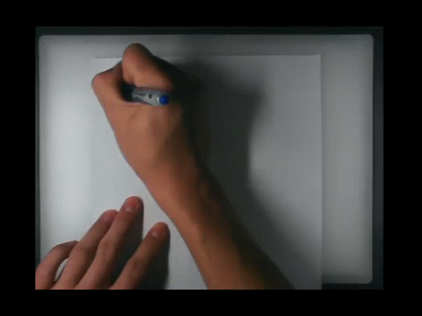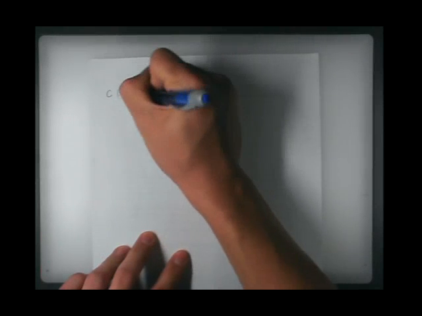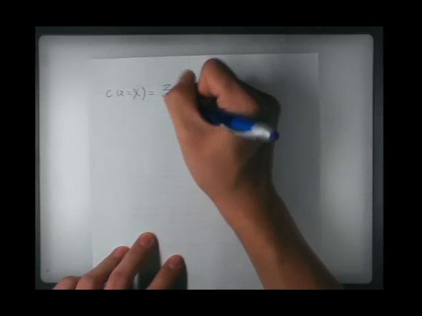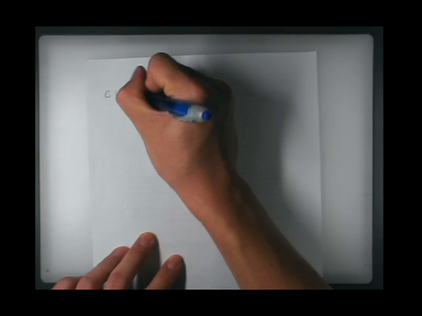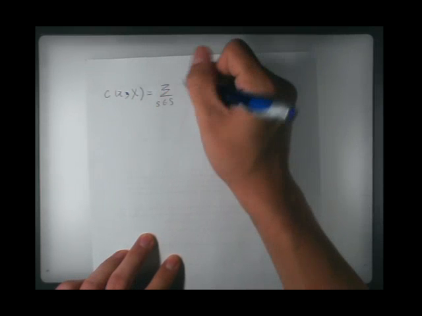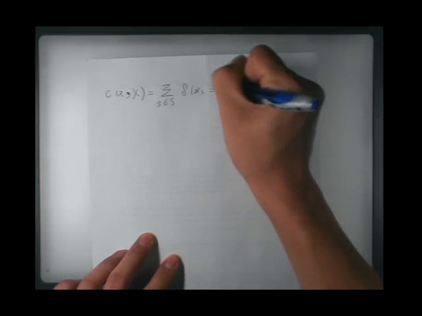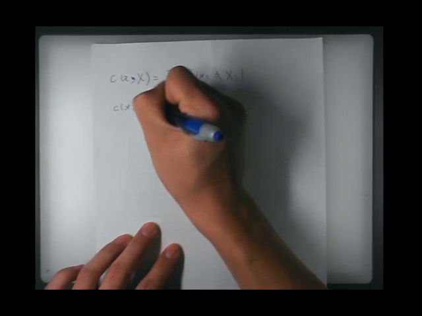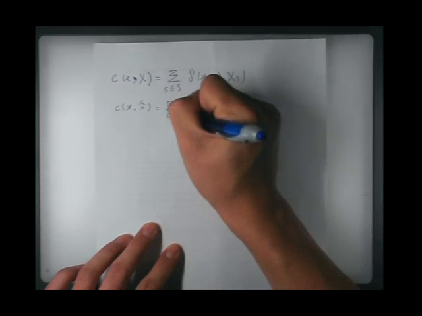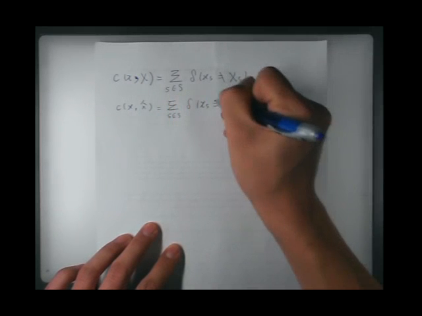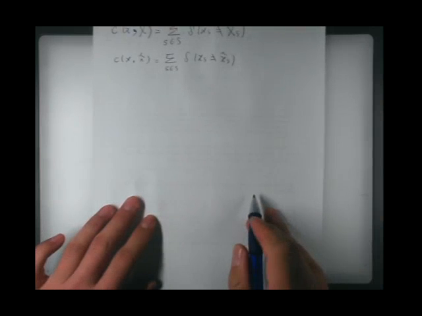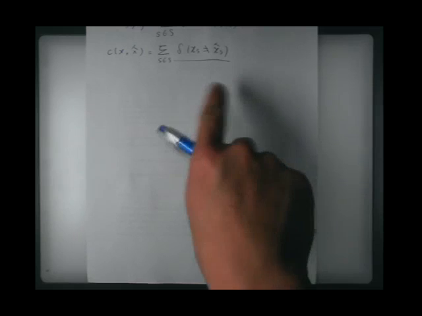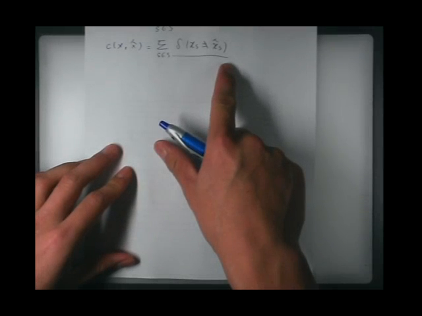Defined as here. So the meaning of this new cost function is that we calculate the summation of all the errors.